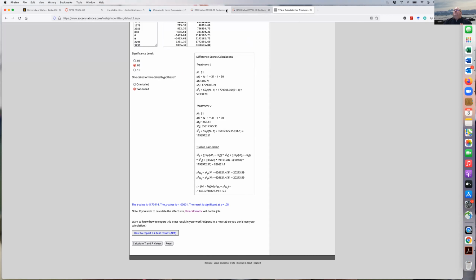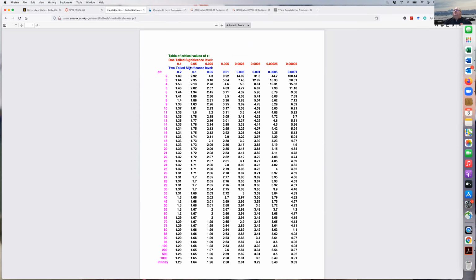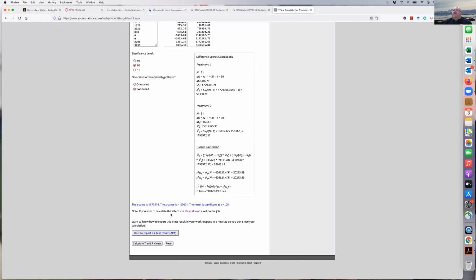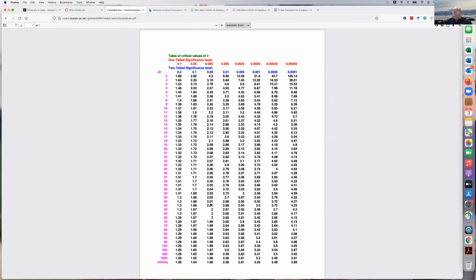Degrees of freedom are 30, so we'll look here for 30. Then we're going to go over to the 0.05, which is 2.04. So the number that the calculator generated, minus 5.7, is greater than that number. So again, there is a significant difference.